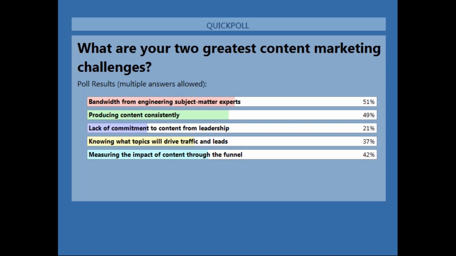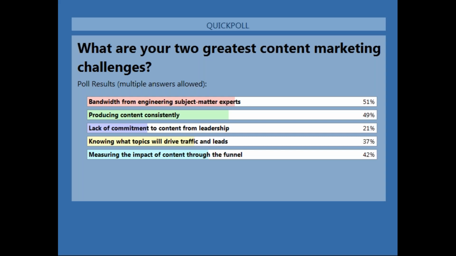Really quick on bandwidth of engineering subject matter experts, the primary way for you guys to solve this is by repurposing your content. At Trew, we could do another webinar on this, but we have a whole methodology where we show how to get 10 to 15 hours from an engineering subject matter expert to produce one premium piece of content and turn that into 11 more pieces of content with very little additional time from that engineer.